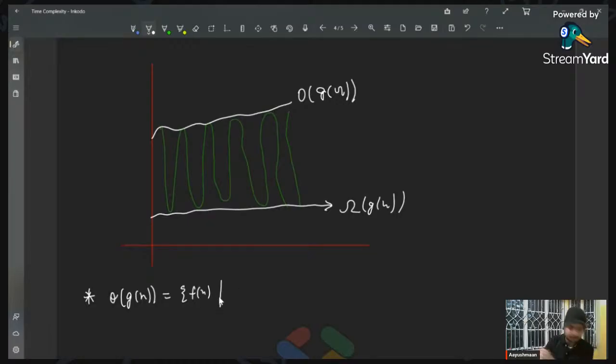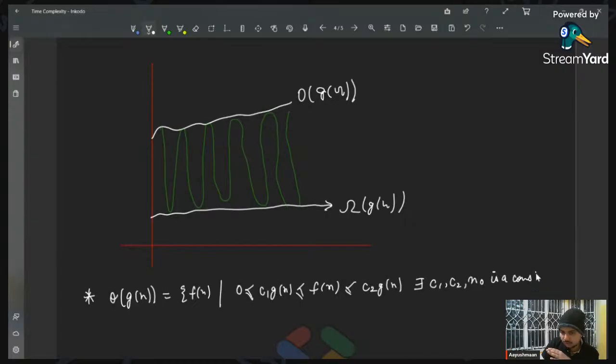Okay, so theta of gn is all the sets of the functions fn such that c1 ऑफ gn से बड़ा हो, बट c2 ऑफ gn से छोटा हो, and 0 से बड़ा हो। ओके, ये बीच का पार्ट है जहां पे such that there exist c1, c2 और एक कोई और constant n0, and n is greater than or equal to n0.